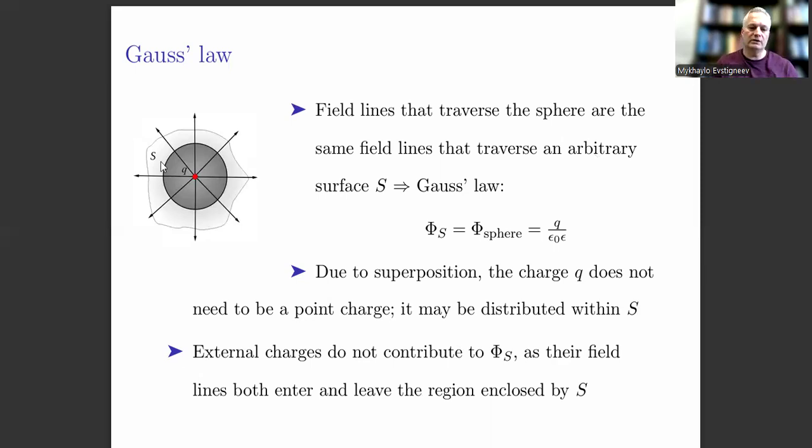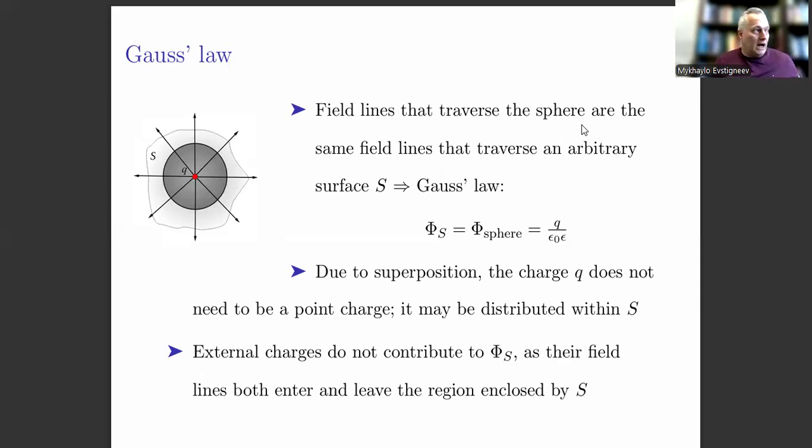Now imagine two surfaces. One is the spherical surface through which the flux is known, Q over epsilon naught epsilon. And the other is a surface of arbitrary shape around the charge Q. Every field line which goes through the spherical surface also goes through the surface of arbitrary shape S, which means that the fluxes through the two surfaces are the same.